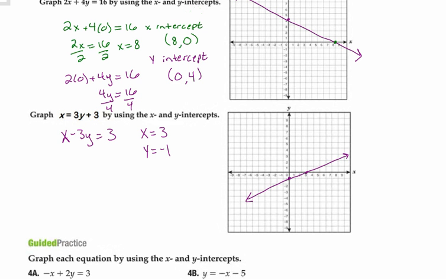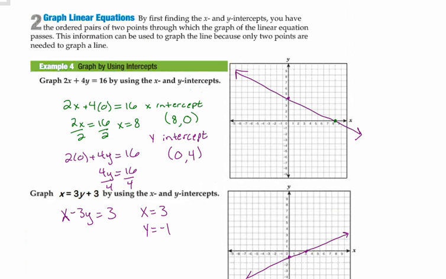Going back up to this one, let's go ahead and see if that works, just to make sure we understand what I did. Again, I was trying to find my x-intercept. So I covered up my y, and I ended up with 2x equals 16. So 16 divided by 2 was 8. That's where my 8 came into play. Then I had to find my y-intercept, so I didn't care about my x.